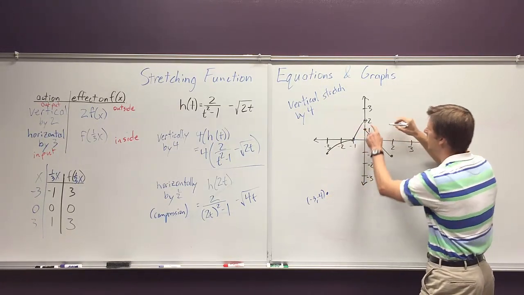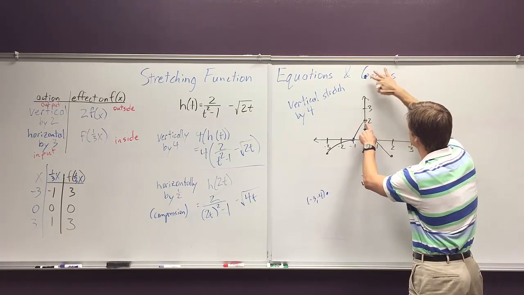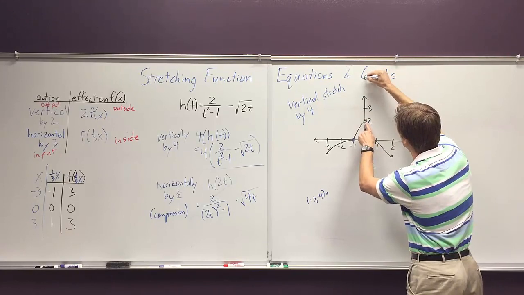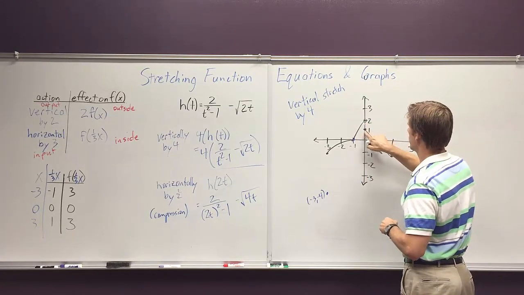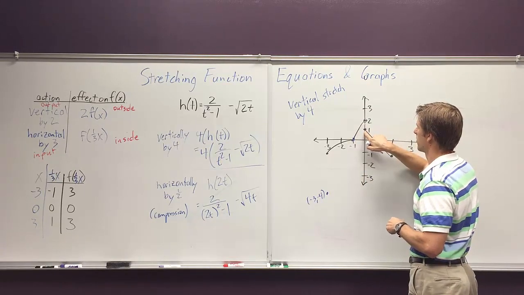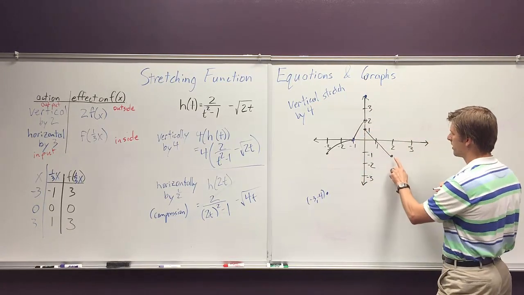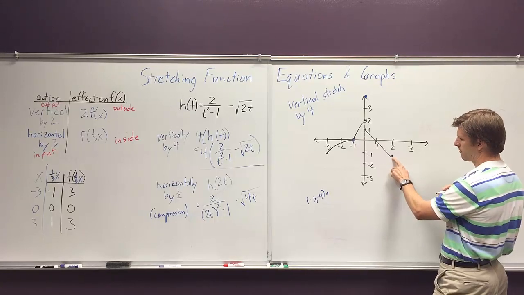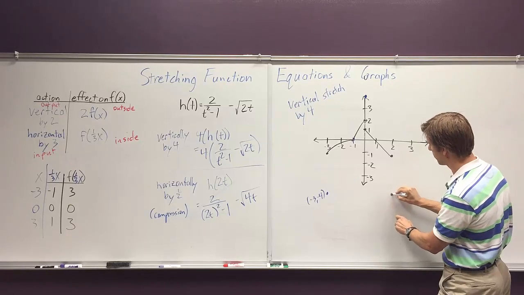It'll stay put. This is 0, 2. It'll be somewhere up here at, oops, and that's an open dot, 0, 8. And this point was at 0, 1, so it's now at 0, 4. This is at 2, -1, let's say. So we're now at 2, -4.